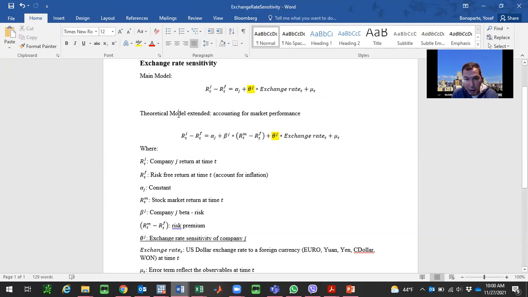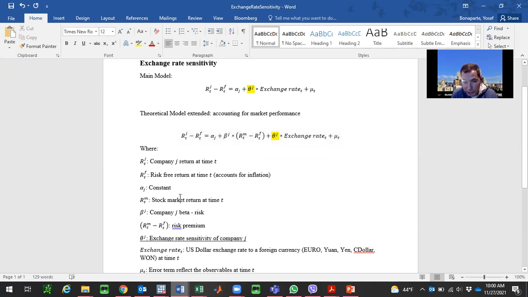If you want to extend the model, the company return equals this. R_tj, which is here, the definition by the way, is the company return minus RF, the risk-free return, which accounts for inflation. Then you have a constant plus beta_j, which reflects company j's risk, multiplied by RM minus RF.